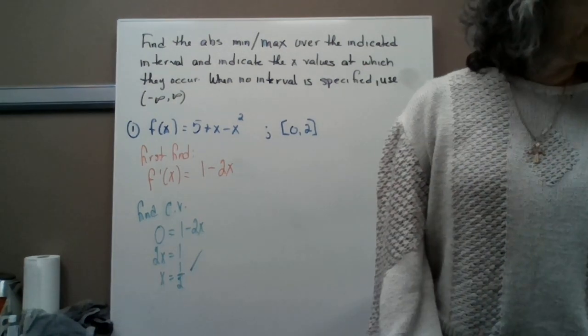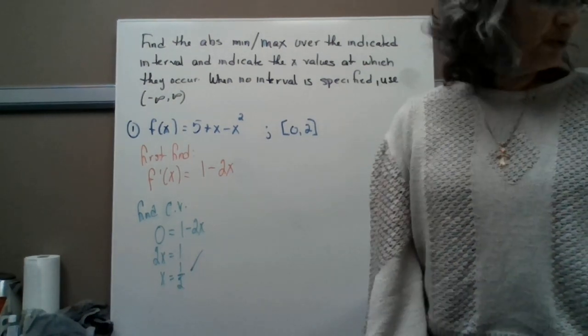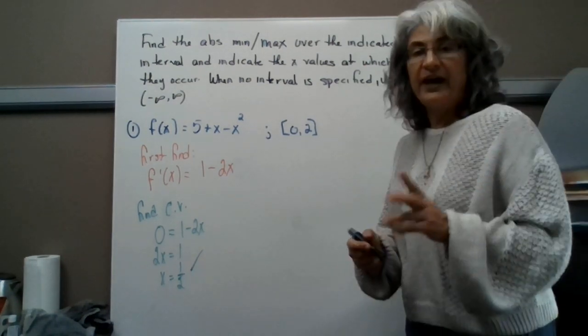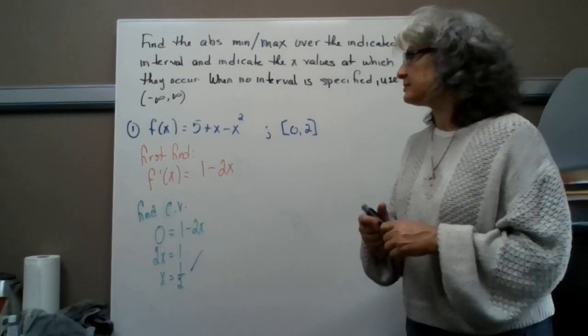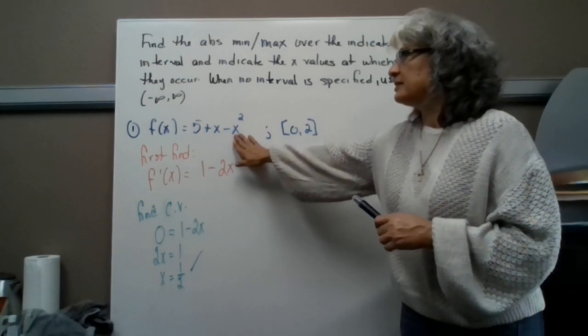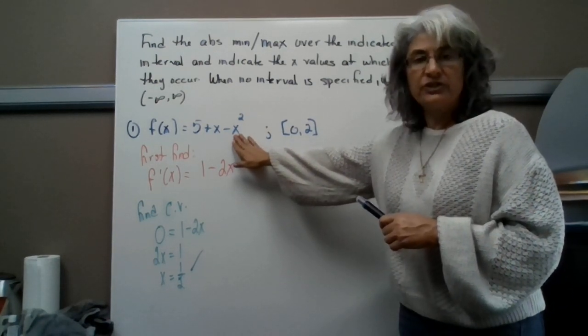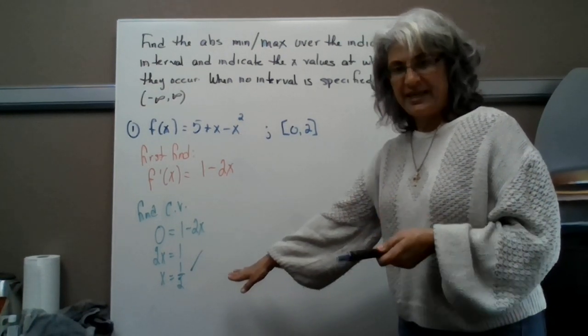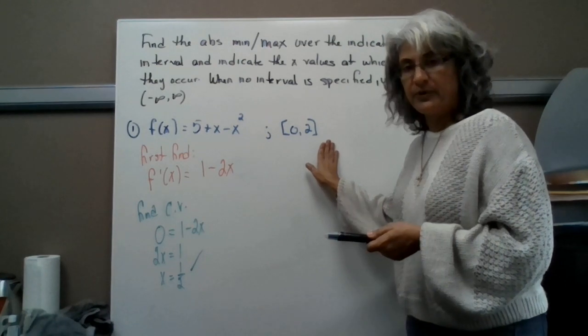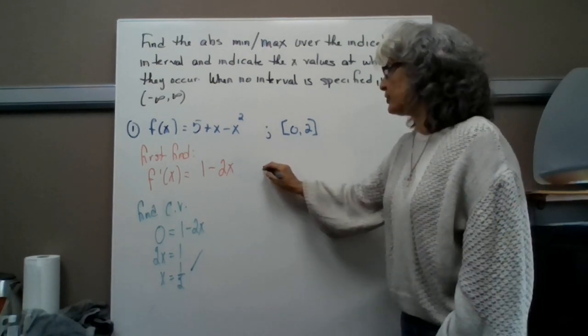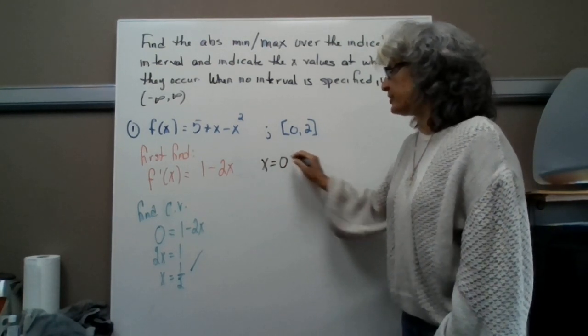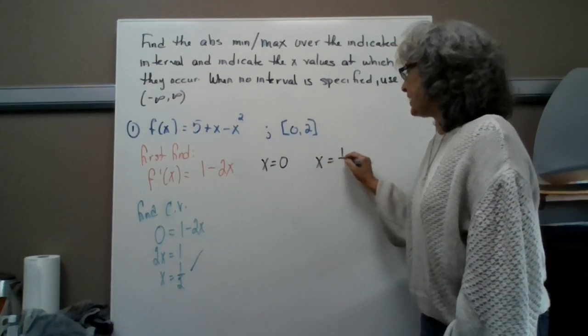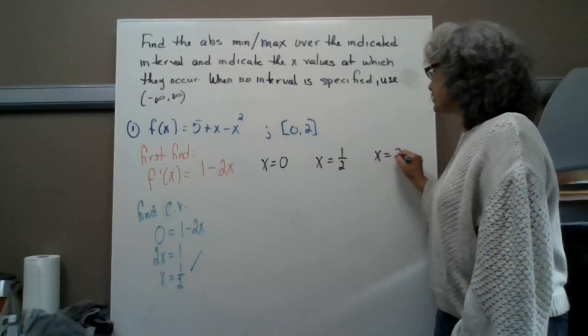Then it tells me to evaluate the original function at the critical value and at the two endpoints. So I am going to look at x equals 0, x equaling 1/2, and x equaling 2.